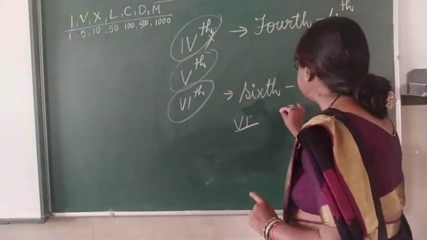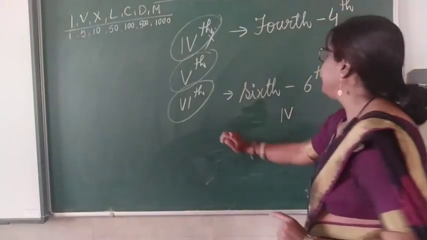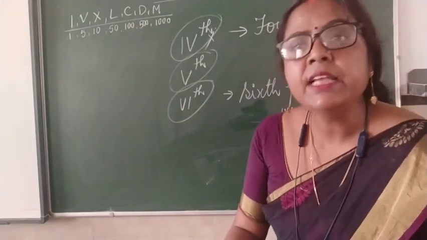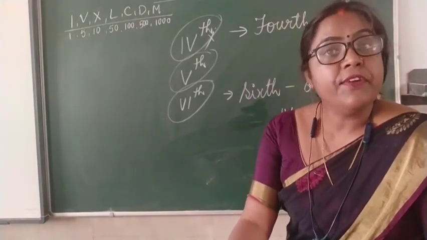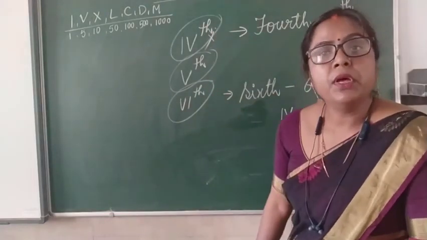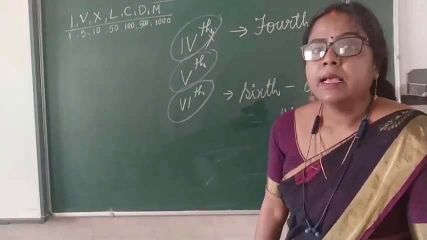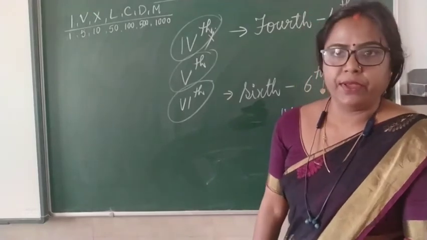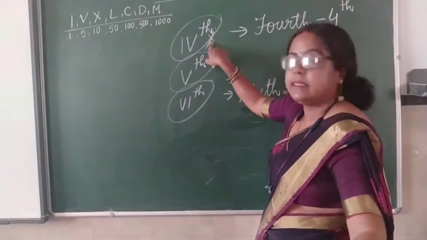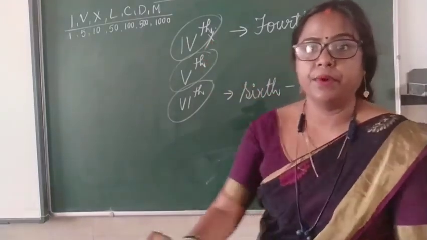If you write it like this, class IV, it means you are writing the 4th class. While reading we can call it 4th, but while writing we should not write th above the Roman numeral. Got it? It is absolutely the wrong way. Always write 4th or fourth. Never write this type of thing with the ordinal number.